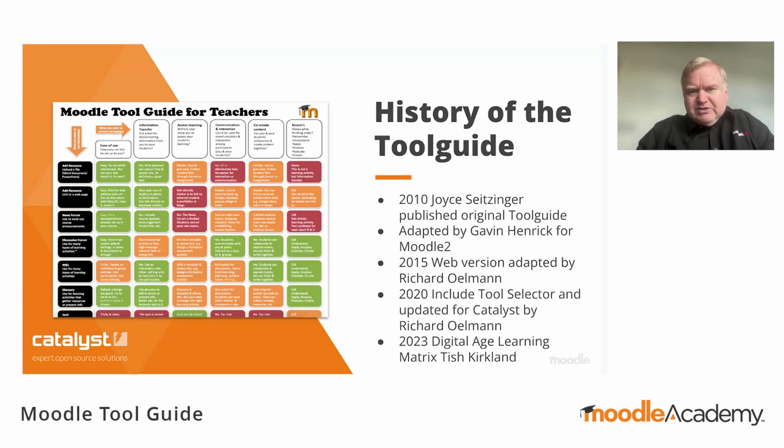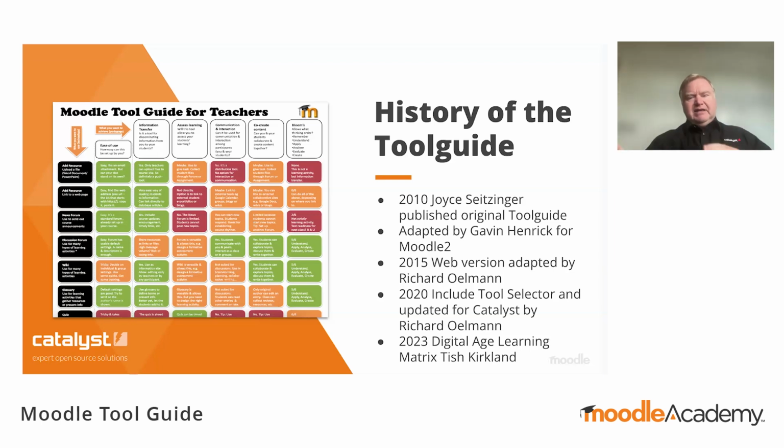But our drawback was that because it was a PDF, people wanted it printed out or wanted access to it, and we wanted to be able to call it up in courses and so on. So I actually created a web version of it and made it just a little bit interactive. You can click on it and go to some further detail and so on. And that was very, very popular in my university.